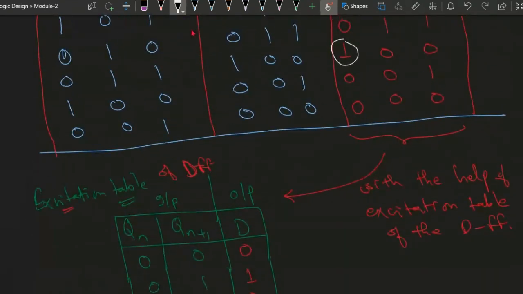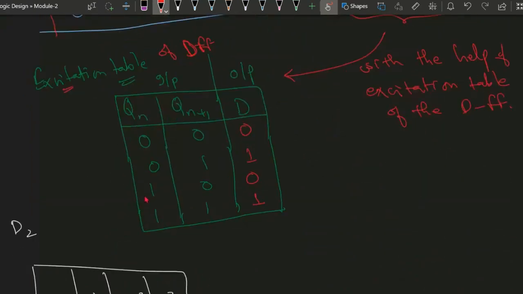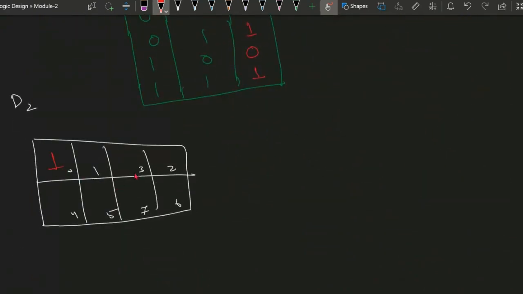So this is coming out to be like 1 is here at 0 and at 3. At 0 and at 3. So with respect to that, they cannot be combined together.